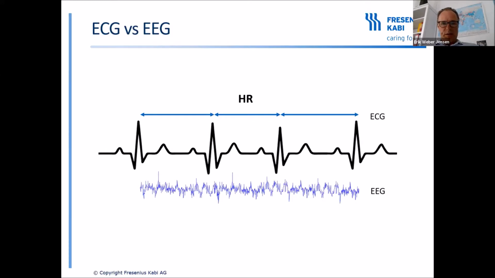We can already see here that the ECG is much more periodic as compared to the EEG. The EEG contains lots of information, and a lot of it is hidden inside the EEG, so we need to use advanced signal processing methods in order to extract the information from the EEG.